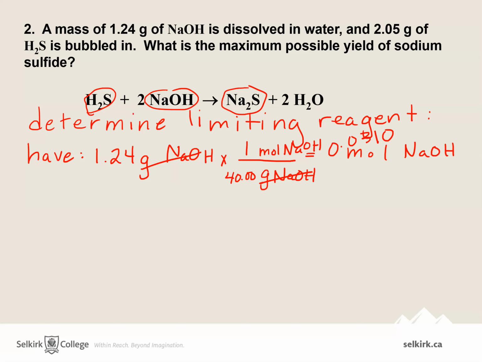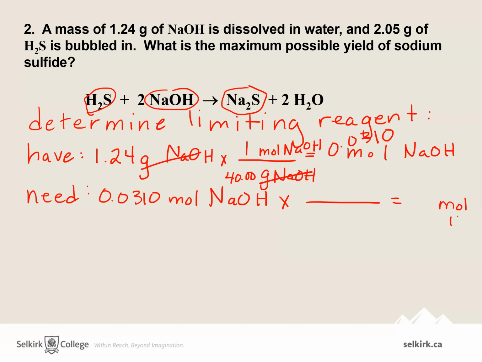Now let's see how much hydrogen sulfide I would need to use that up. I said need there. I could also say would react with. And I want to get moles of hydrogen sulfide. All right, dimensional analysis is my friend.